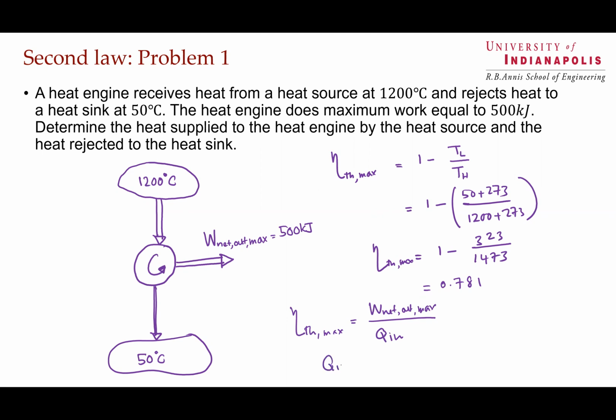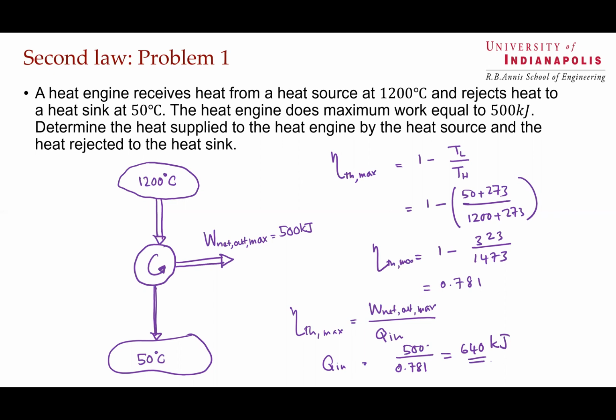So Q in is equal to W net out max, that is 500 divided by 0.781, right? So that will give you roughly 640 kilojoules.